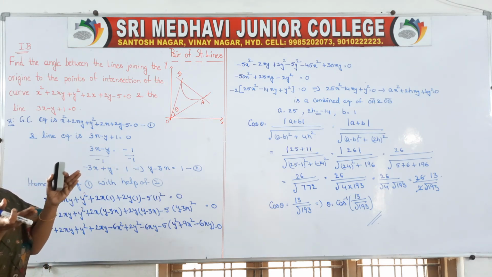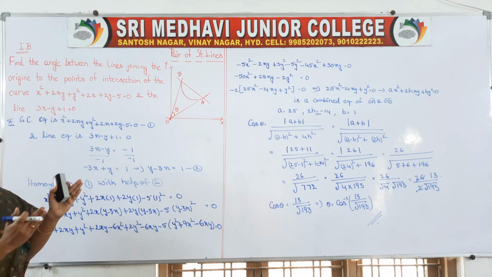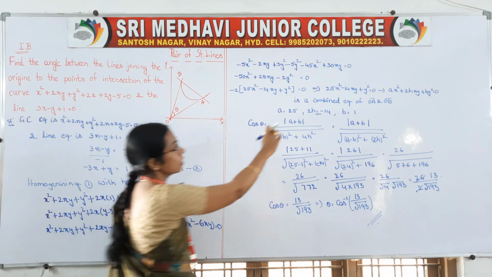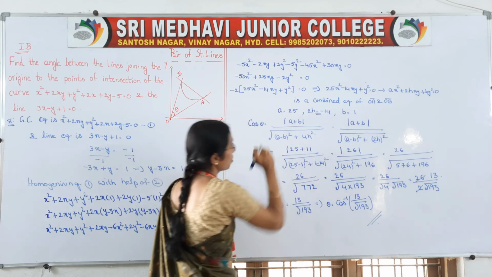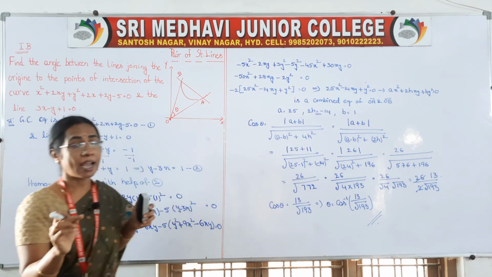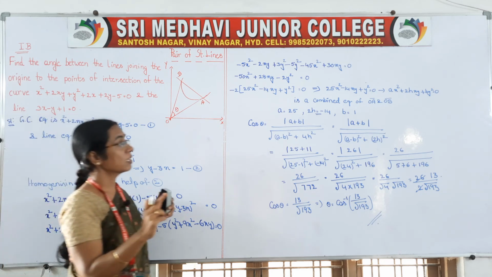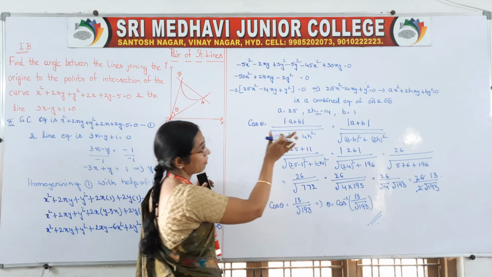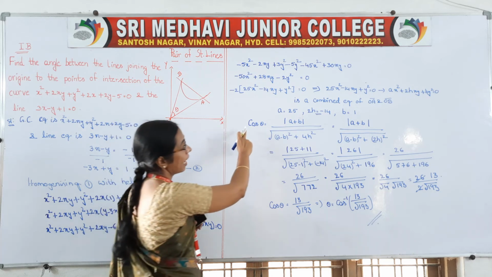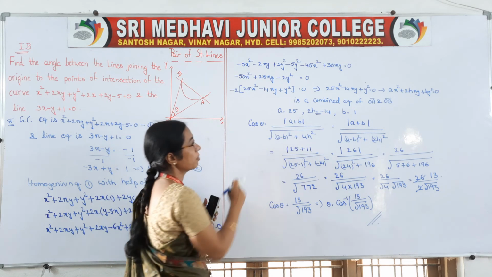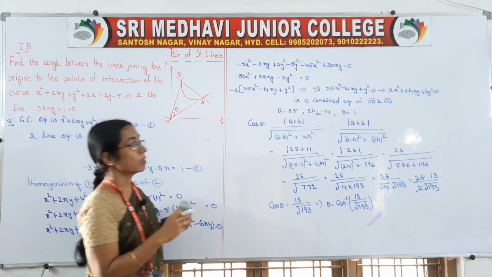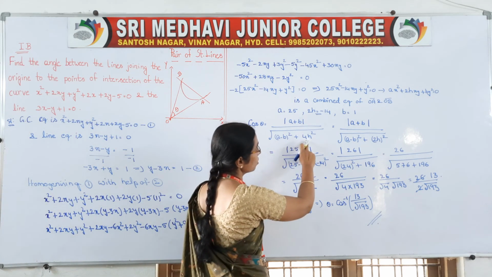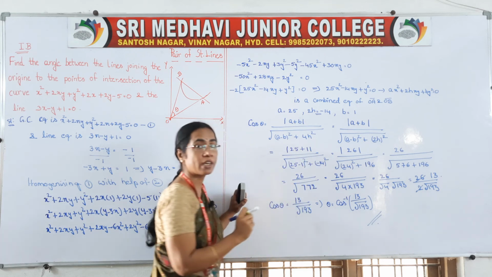With that homogeneous equation, you will know your a value, b value and 2h value. We have to find the angle between these two lines. So whenever we have a homogeneous equation, the formula for the angle between two lines is cos theta is equal to modulus of a plus b by root of a minus b whole square plus 4h square.